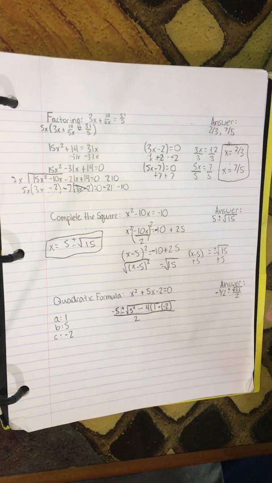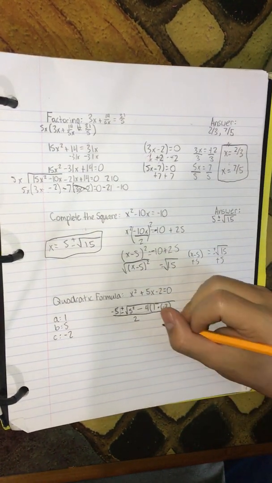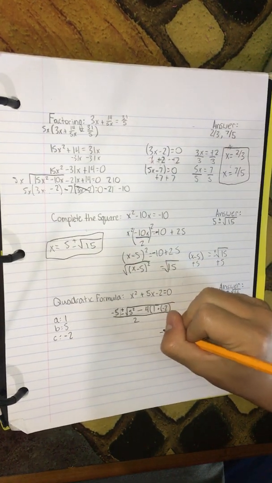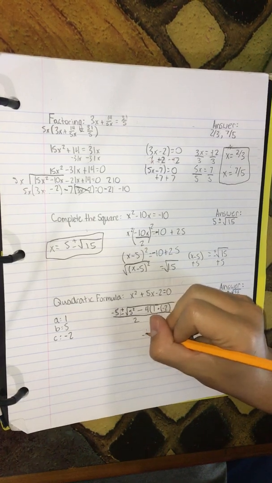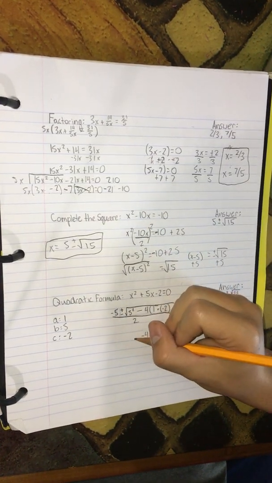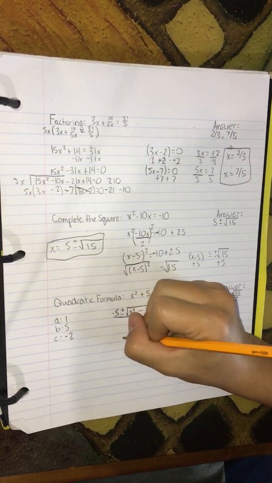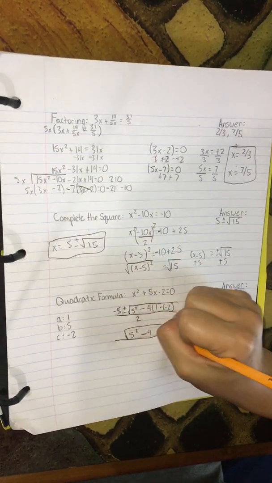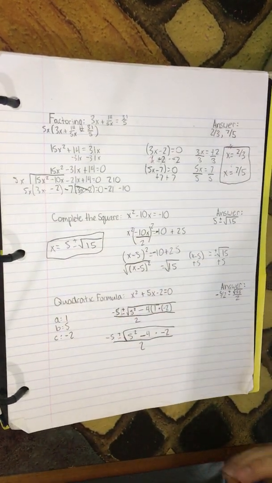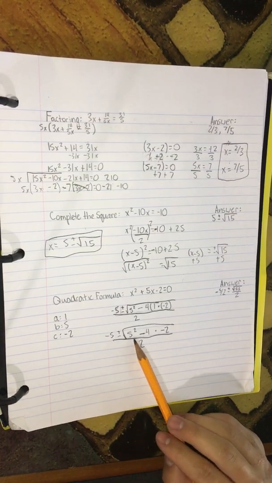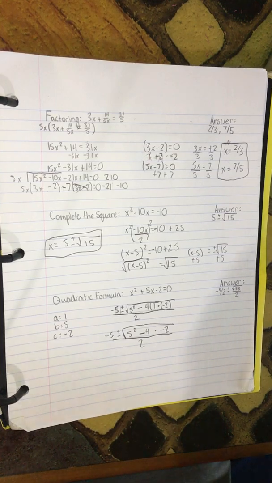So you could do order of operations. You do the parentheses first. 1 times negative 2 is negative 2. Takes a while to rewrite the entire equation. So then you can either square this, or you can multiply the negative 4 by the negative 2.